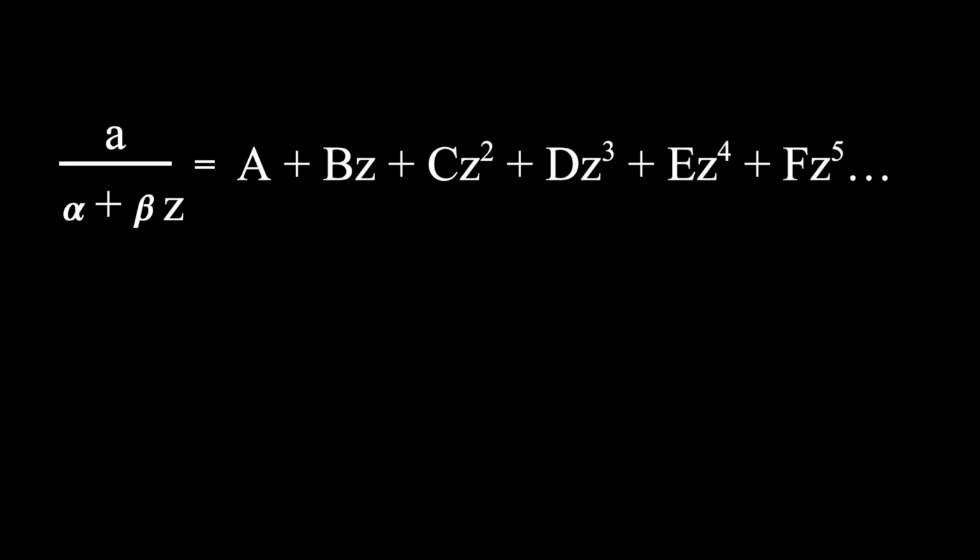But how does this help us? Are we any better off? We don't know A, B, C, D, or anything. We just have a bunch of unknown coefficients, infinitely many of them. But Euler sees through this.